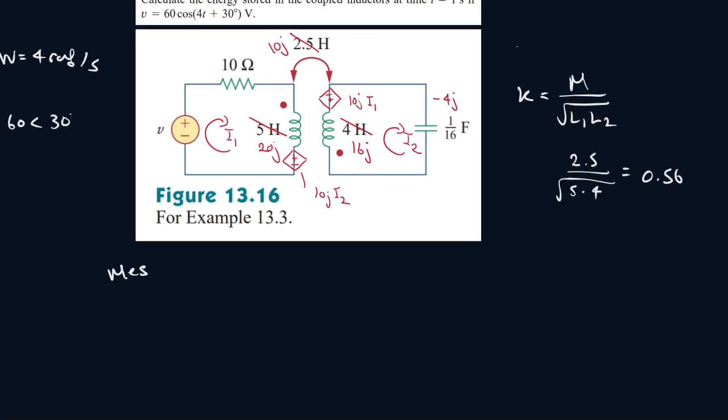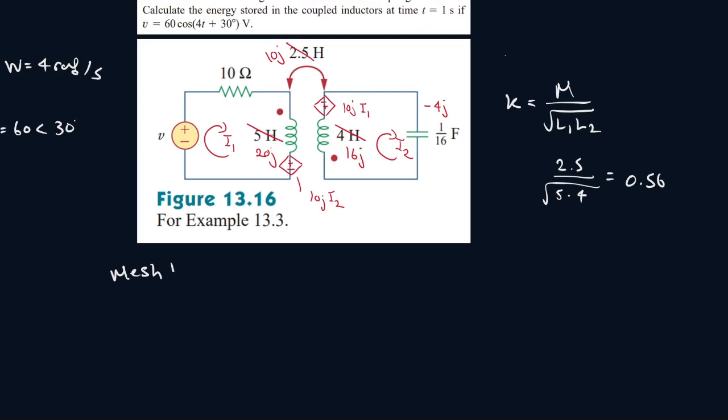So now let's find I1 and I2. So mesh I1. It's minus 60 phasor 30 degrees plus 10 I1 plus 20J I1 plus 10J I2.